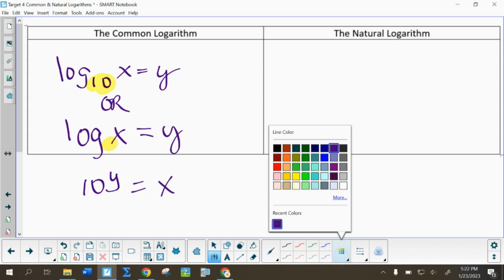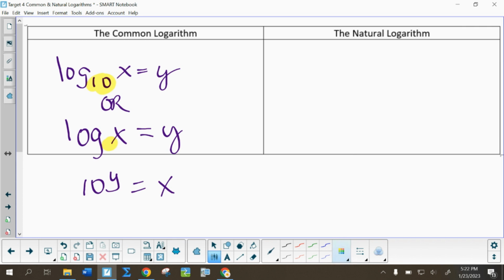Okay, now the natural logarithm is one that occurs, surprisingly enough, in nature. It's used also a lot in finance, in banking. It's a common base that is used in a lot of places, it's just not as easy to work with. So the base of the natural logarithm is the number e.